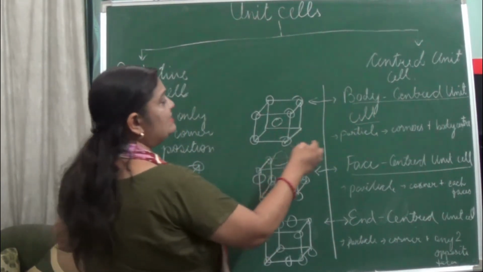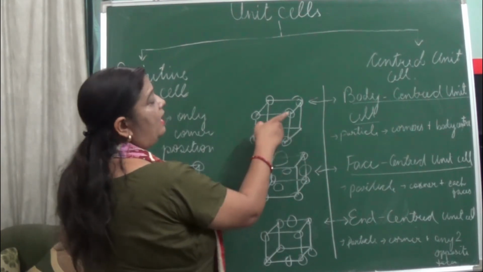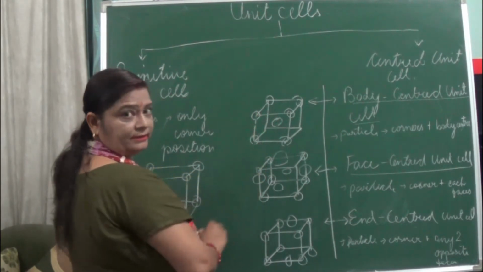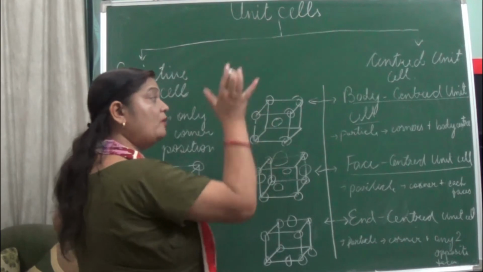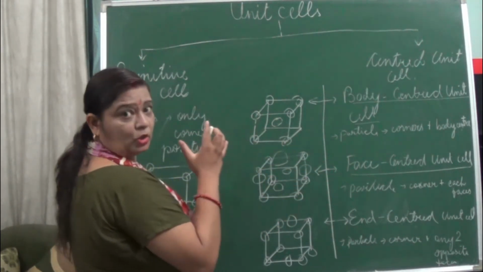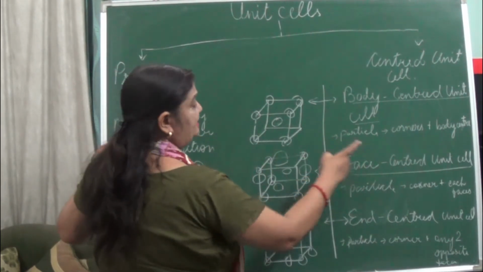In this you will see the particles, atoms, molecules or ions, arranged at the corners plus the body center. A centered unit cell will consist of the primitive cell, and along with the primitive cell, it will consist of other atoms also. Now, coming to the next, face centered unit cell.